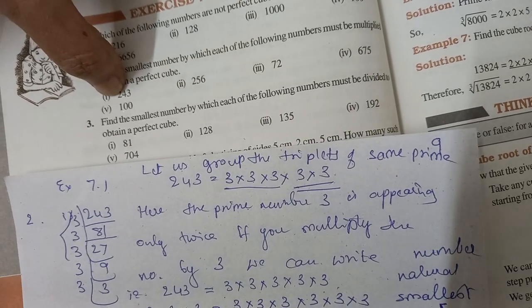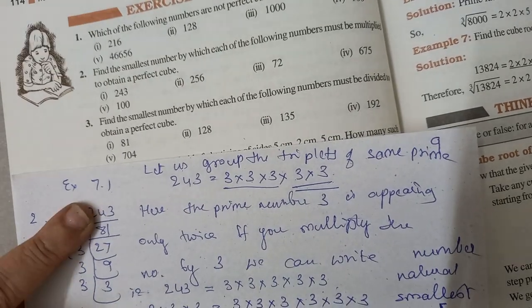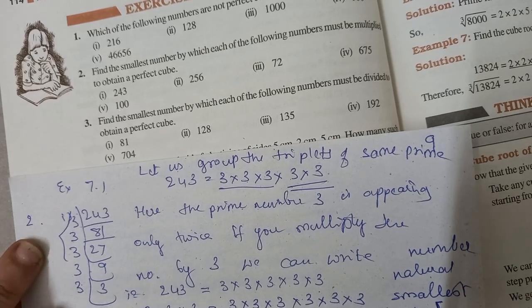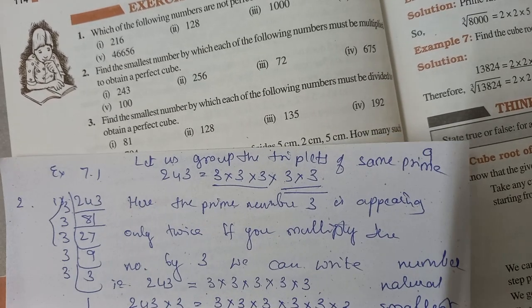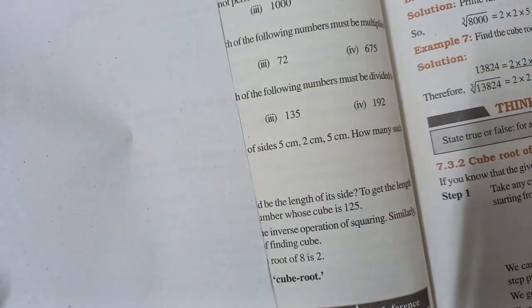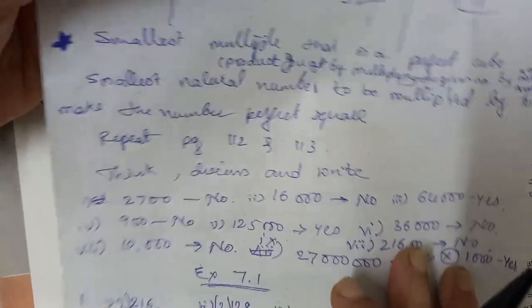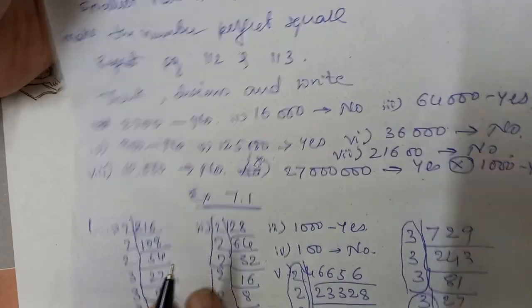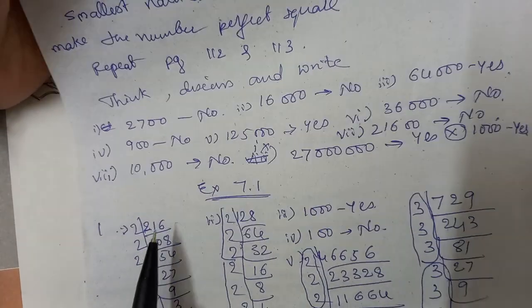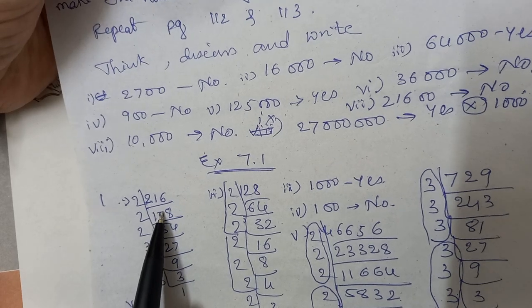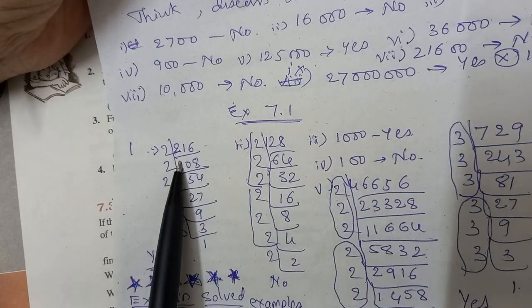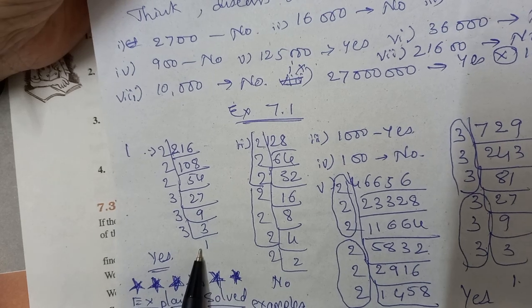So here I have done the second one. The first one I will do for you. See, 216. This is the continuous division.